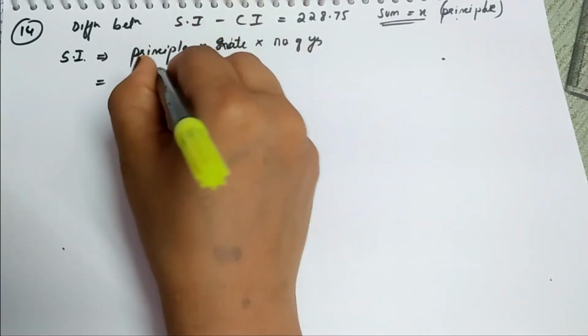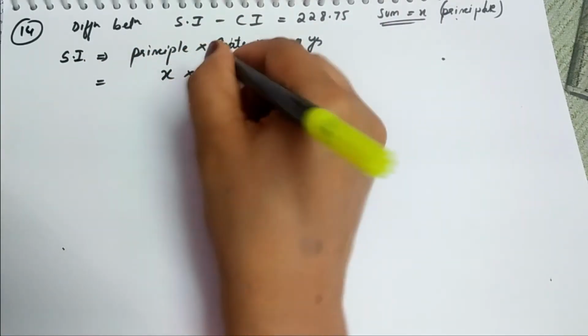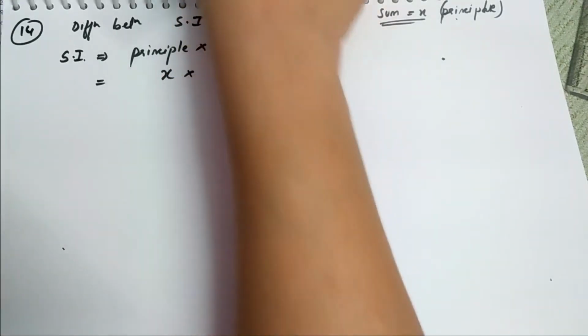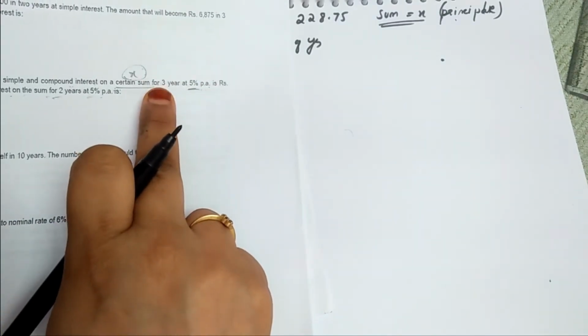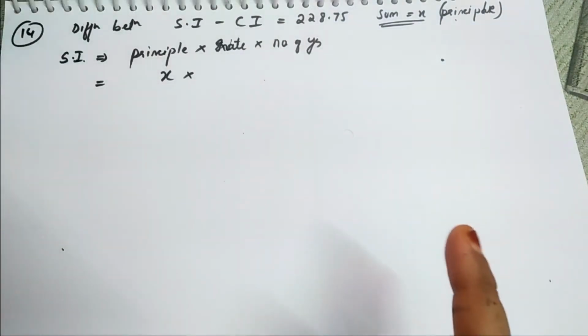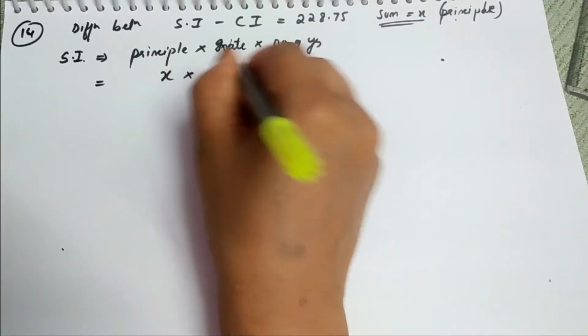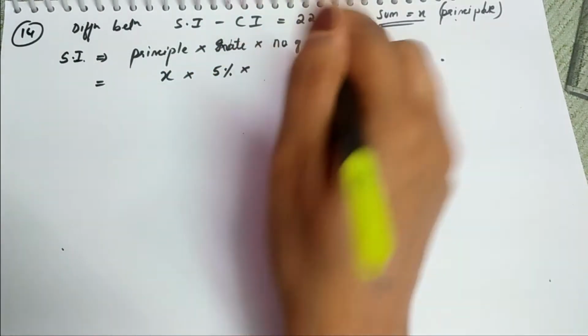We don't know the principal, the value is x. We know the rate, it is 5%, and the number of years is 3.